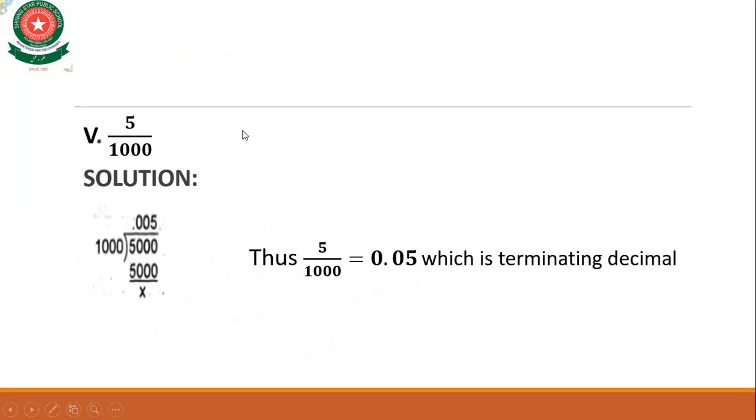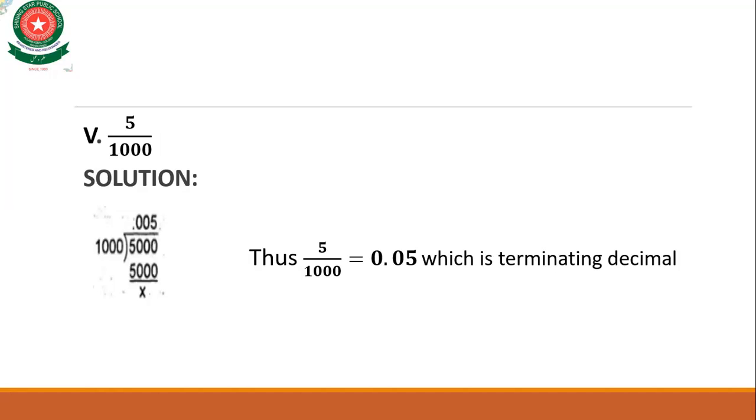Now part number 5, 5 by 1000. The solution is, first of all, we have to put 5 inside the square root and the 1000 outside. Then we know that 5 is less than 1000. So we have to put first a point, then 0.